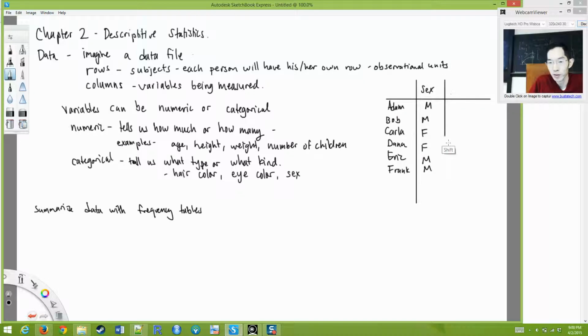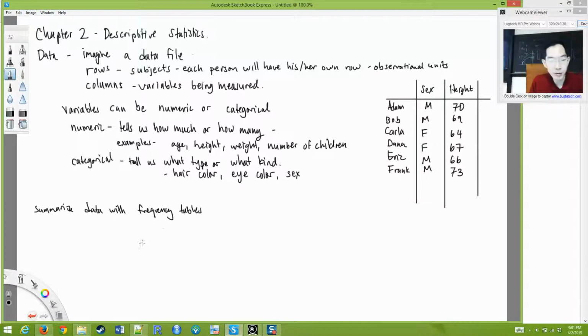So sex would be categorical, and then let's get a numeric response. Let's get their height. So 70 inches, and 69, and 64, and 67, and 66, and 73, something like that. So this is just some simple made-up data.